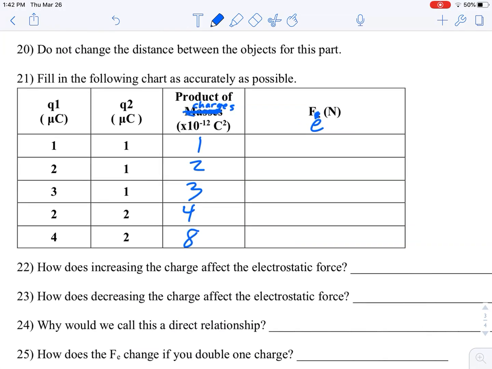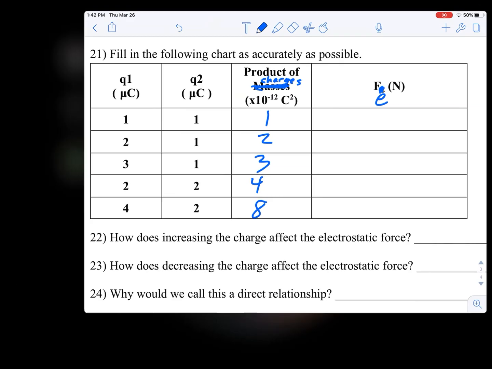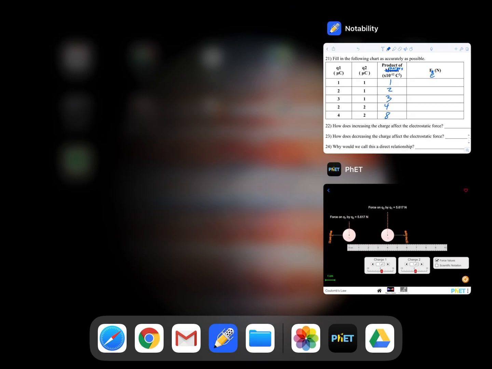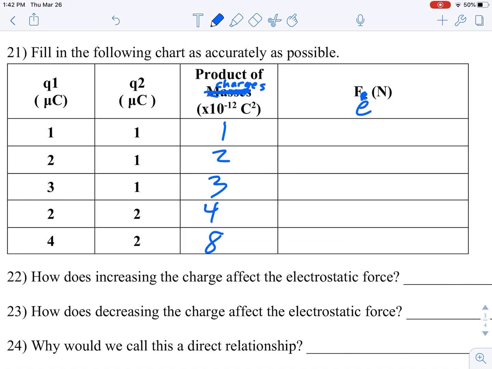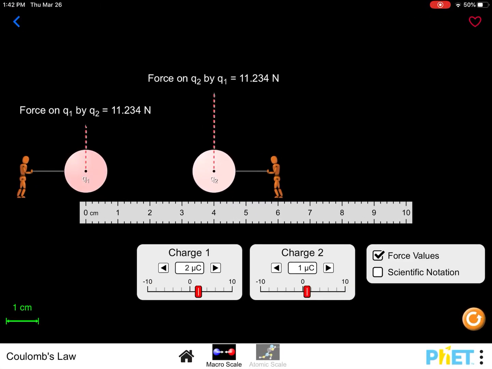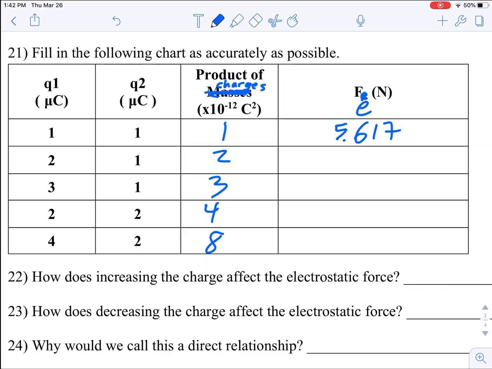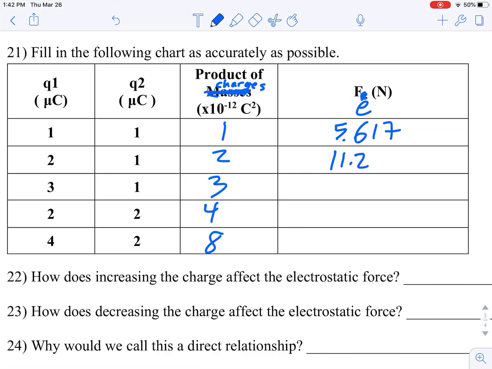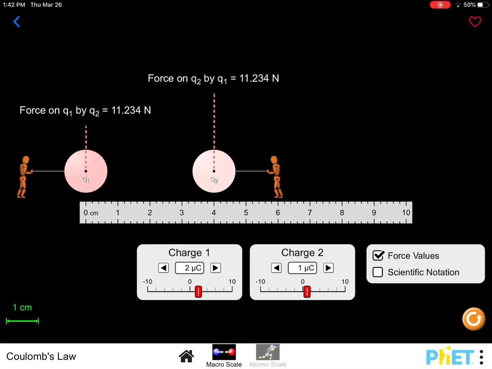All right, so to fill in our forces, let's see. So 1 and 1, the electrostatic force in that case was 5.617. All right, so we're going to make one of them 2, Q1 specifically. So it's 11.234. All right, Q1's now going to be 3. 16.852.